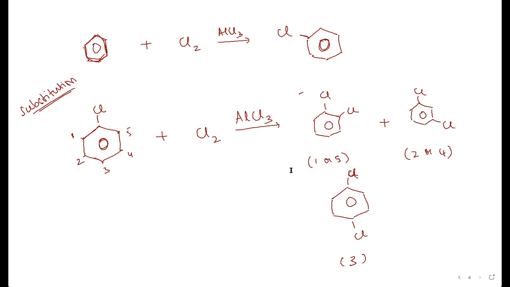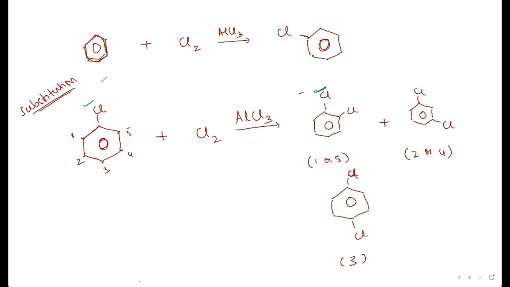Yeah. The presence of the functional group affects the electron distribution around the benzene ring. So now the displacement of electrons is not equivalent across all the carbons.